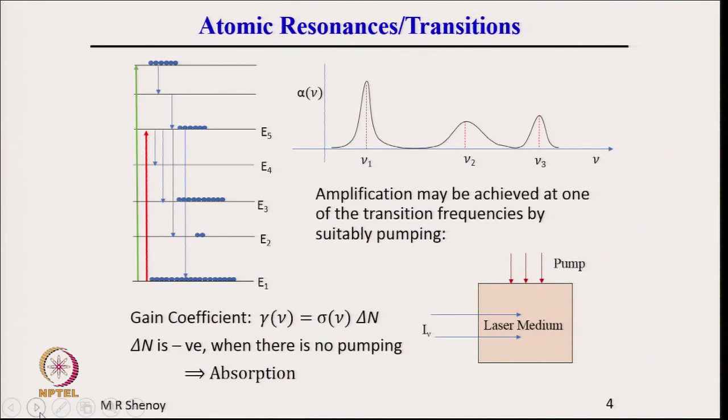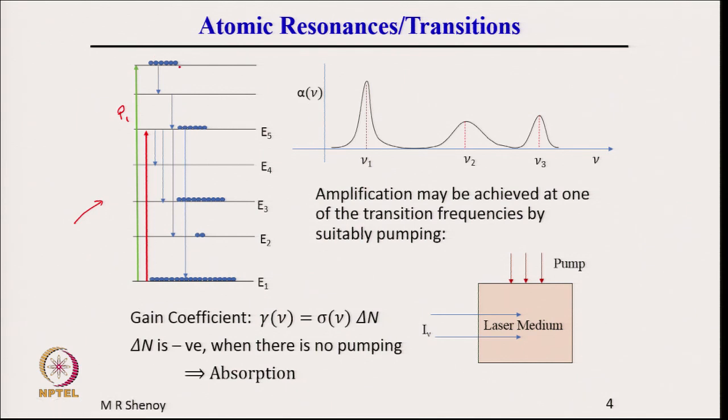All right. The atomic resonances and transitions, what we are referring to here is an atomic system that is characterized by several atomic energy levels, and the red lines here indicate pump, that is the excitation mechanism. So, let us say there is a pump P1 which excites from E1 to a higher state here.